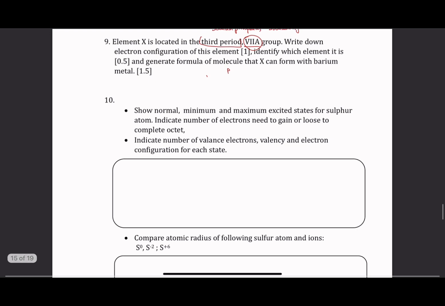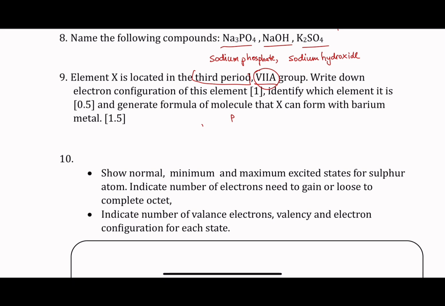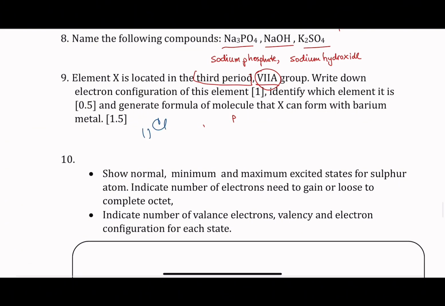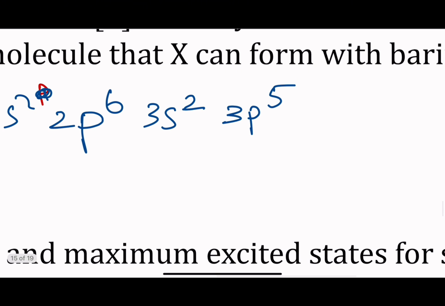So now let's go into our question. It says write down the electronic configuration. So we know that chlorine is 17, and we write it 1s2, 2s2, 2p6, 3s2, and 3p5. Even from the electronic configuration you can see it, because 3 in here is the last shell, right?